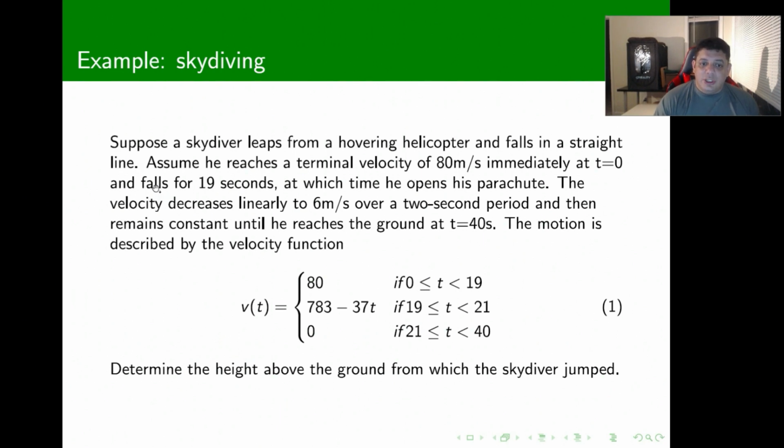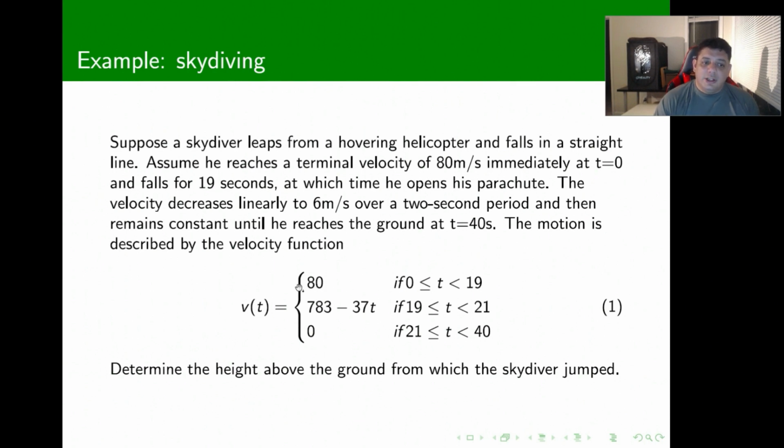Assuming he reaches a terminal velocity of 80 meters per second immediately at t equals 0 and falls for 19 seconds, at which time he's going to open the parachute. The velocity is going to decrease linearly 6 meters per second over a 2-second period, and then remain constant until it reaches the ground at t equals 40. So the motion that I just described is represented by this function here.